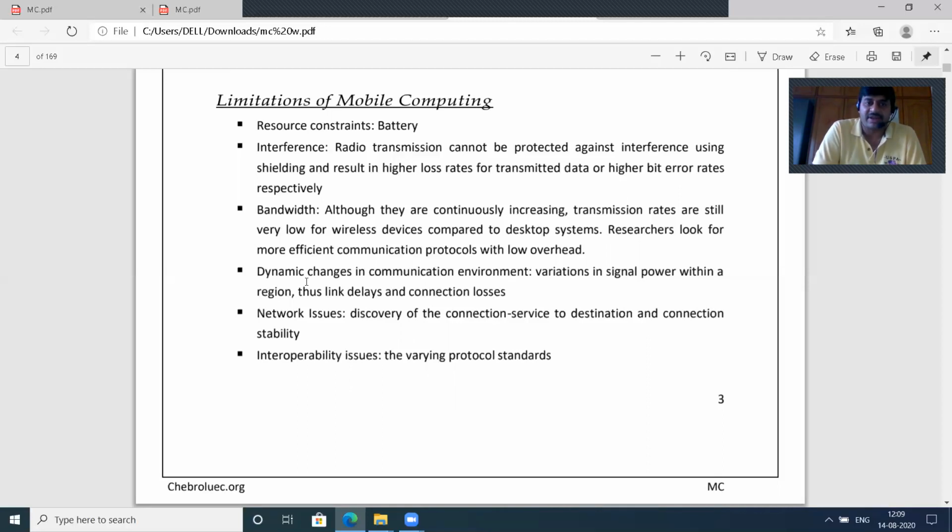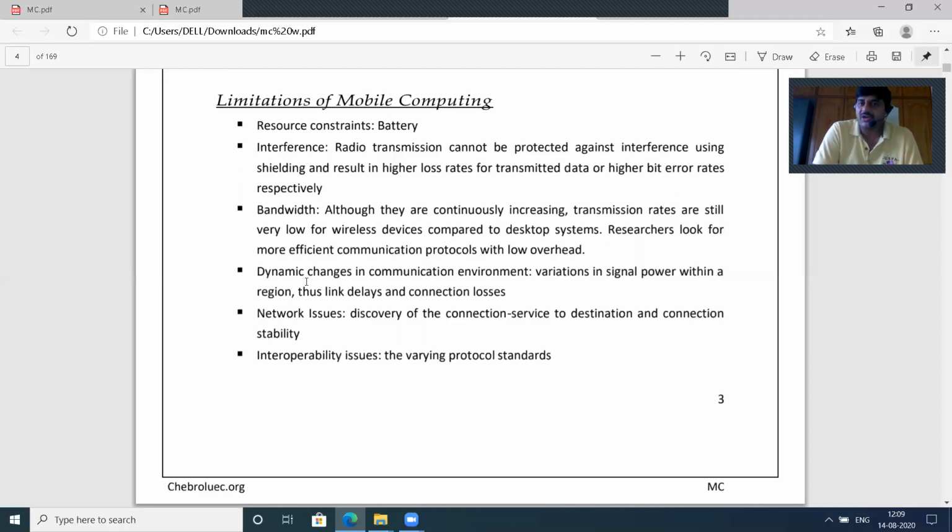Next, the second limitation is interference. Interference means one transmission is interfered with by another transmission, mixed or combined with it.